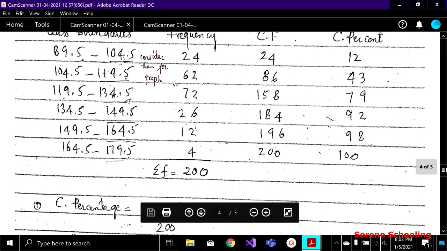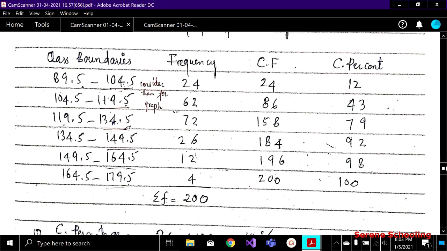So here we needed two important things: the cumulative frequency, and from this we can get the cumulative percentage. And in order to make the graph, the class boundaries are important. We have discussed how to make the class boundaries out of the class limits: if the data is in decimals, then we subtract 0.05 from the lower class limit and add 0.05 to the upper class limit.